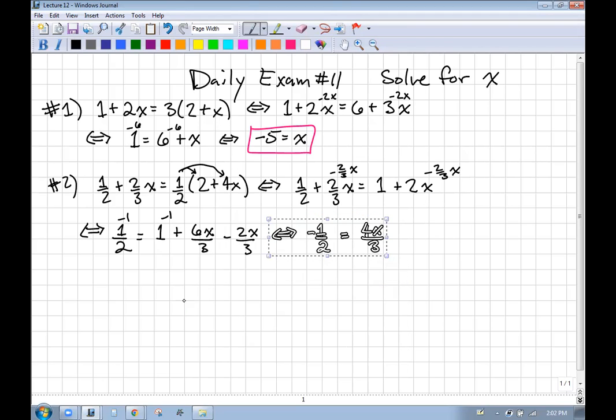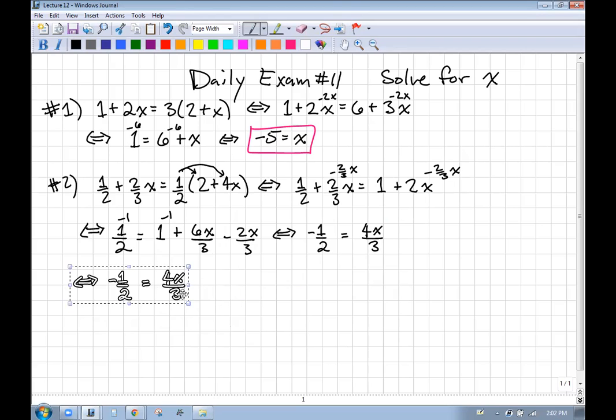Now, you could do this in 2 steps or 1. I could divide both sides by 4 because I want to get rid of that 4. And I could multiply both sides by 3 because I want to get rid of that 3.